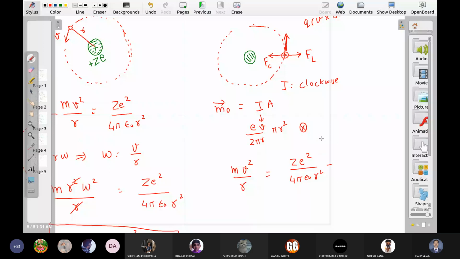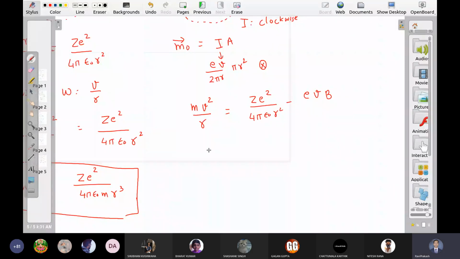How much is it? q means e, v, how much is v? Whatever it is, cross B. Okay. What is the angular velocity now? अब angular velocity कितनी हो जाएगी? Let us calculate it.